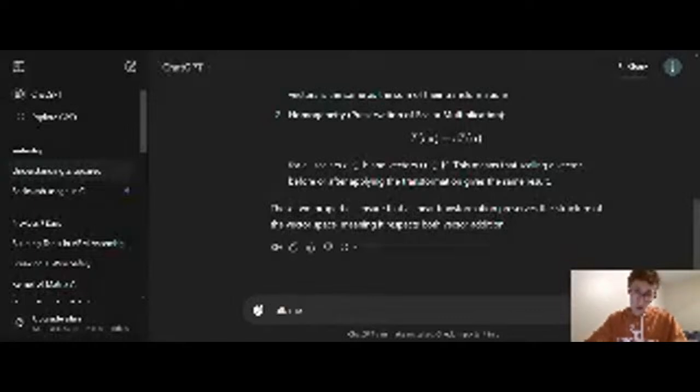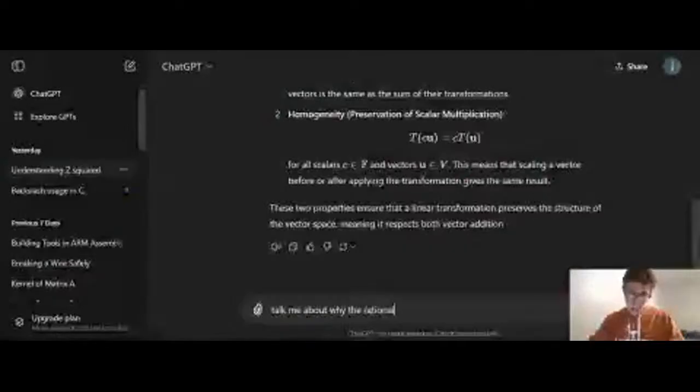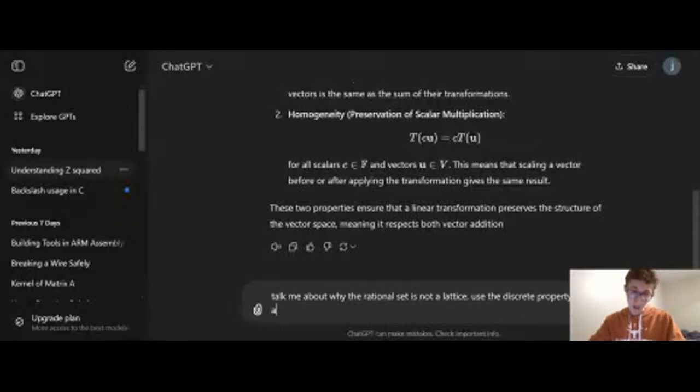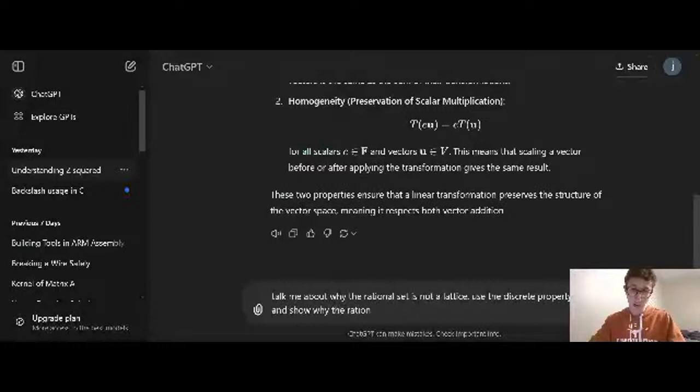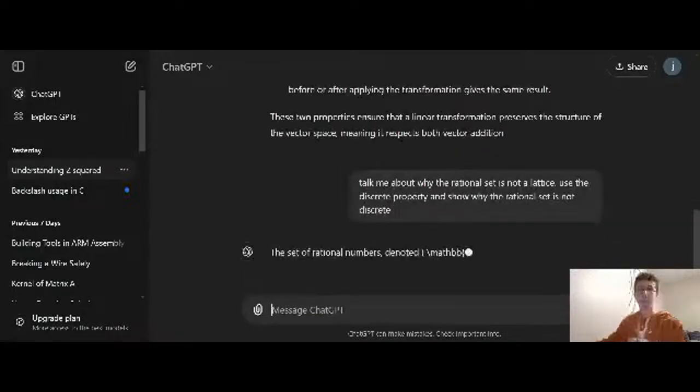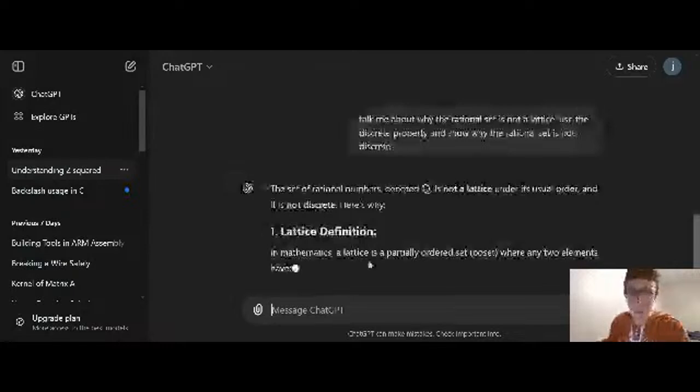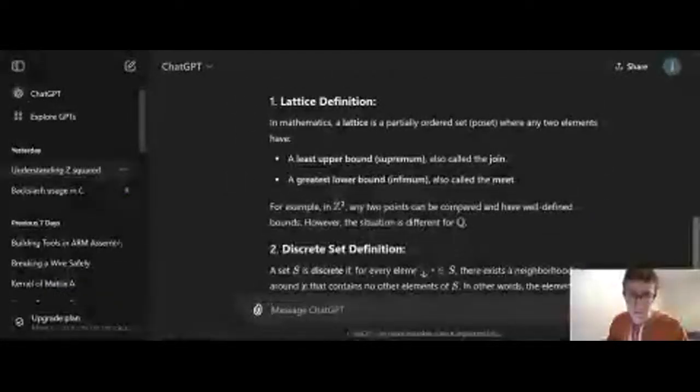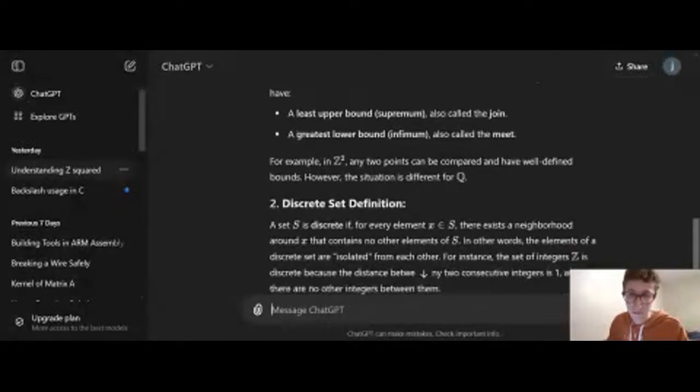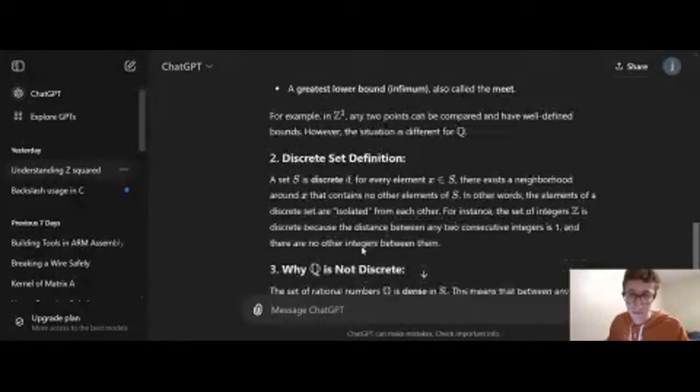So talk to me about why the rational set is not a lattice. Use the discrete property and show why the rational set is not discrete. Okay, let's see.